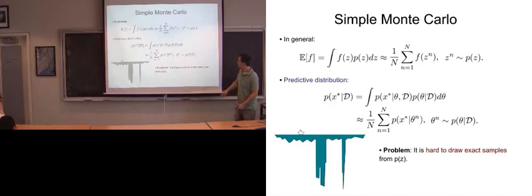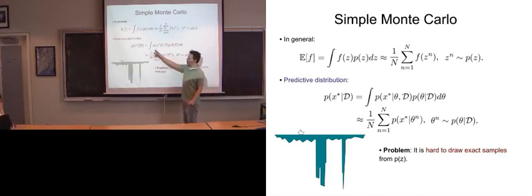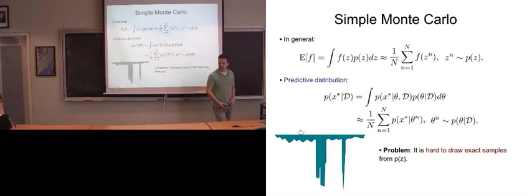But again, it's going to be hard to draw samples from the posterior. In fact, it's very unlikely that you'll be able to draw IID samples from the posterior distributions, unless you can compute these posterior distributions exactly, have a closed form solution. So that's going to be generally the case for us. But you can see, looking at the predictive distribution, how we can use Monte Carlo integration. Okay?